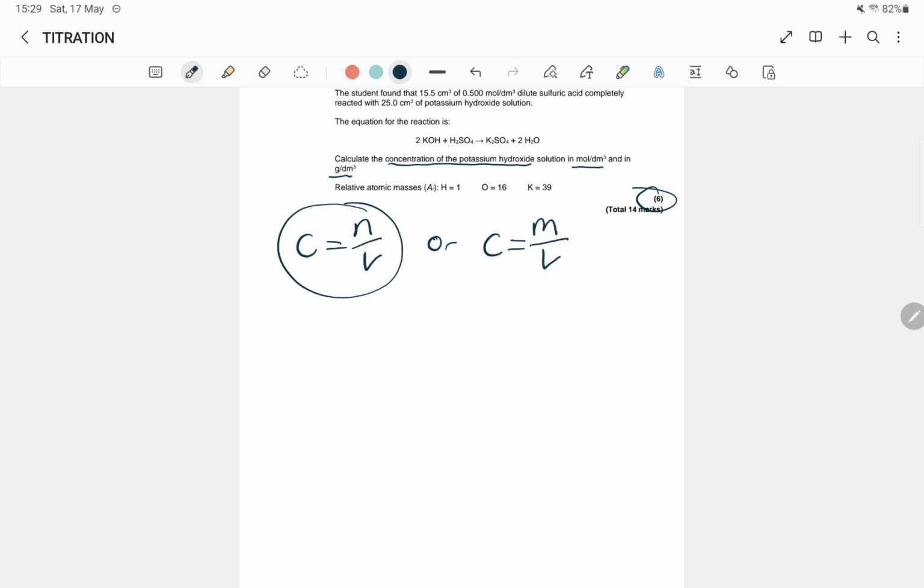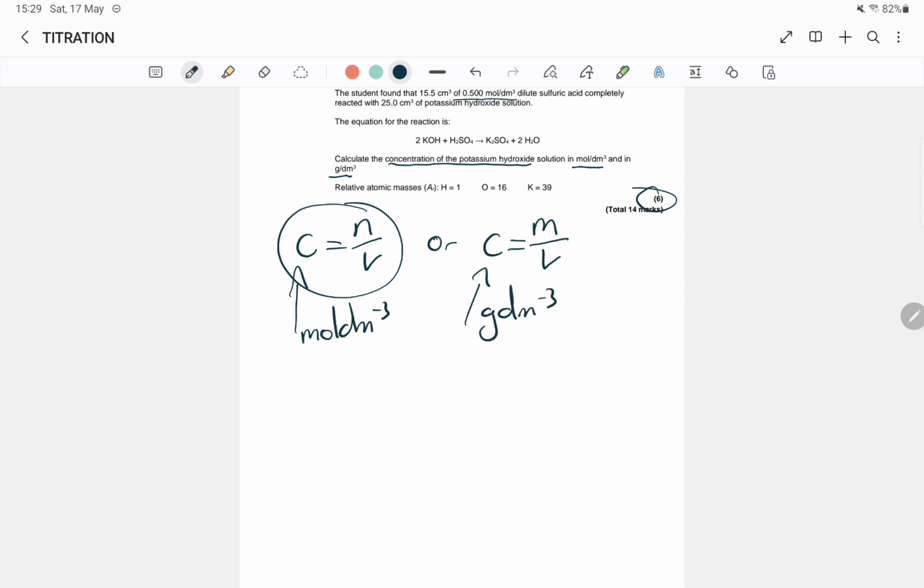This will make my life a little bit easier to work out everything I've got, because they've given me moles per decimeter cubed in this one. If you remember, the units for this one is moles per decimeter cubed, and this one is grams per decimeter cubed.